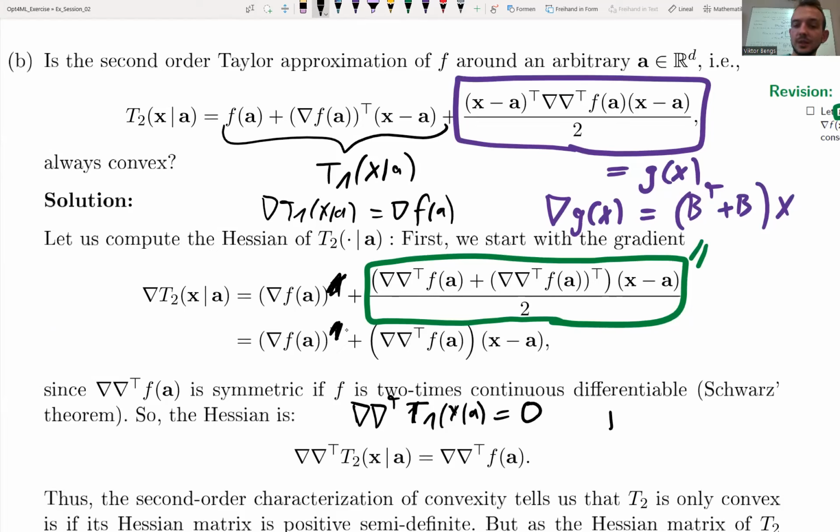And we only need to care about the Hessian matrix of this function, which we coined here g of x.